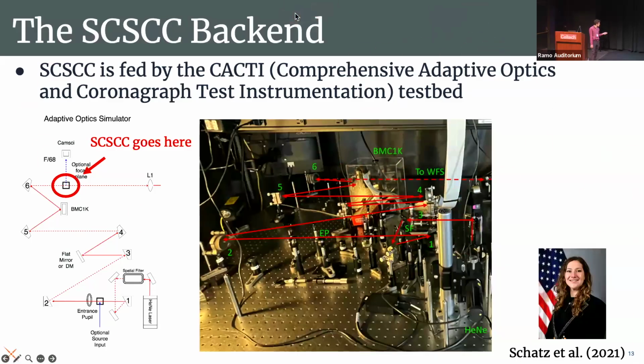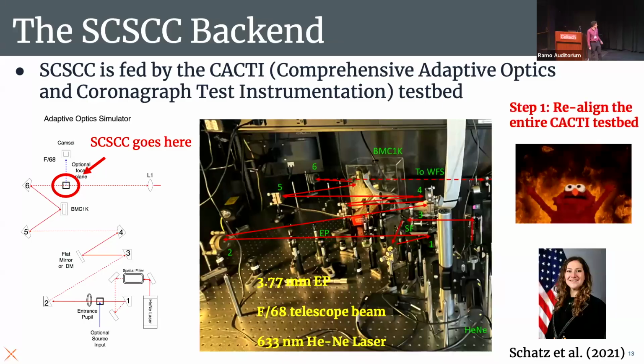And one particular reason I'm highlighting the complexity of this system is that early on, when attempting to get the testbed up and running after about 6 years, I accidentally misaligned an optic upstream of the system, and so I had to realign the entire testbed. And for those of you who have had the pleasure of aligning off-axis parabolic mirrors, it is not the easiest thing in the world.